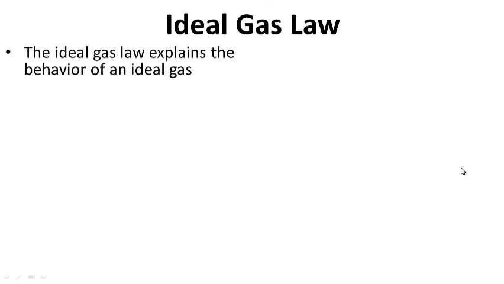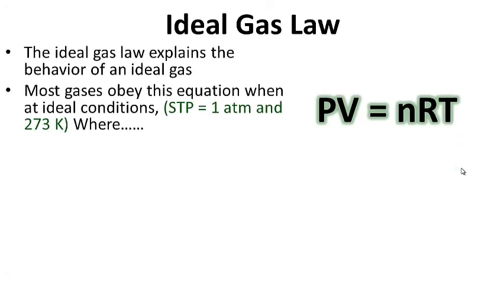Ideal gas law. The ideal gas law explains the behavior of an ideal gas. Most gases obey this equation or law at ideal conditions. Ideal conditions are at STP, 1 atmosphere pressure and 273 Kelvin. In other words, most gases behave the same way at 1 atmosphere pressure and 273 Kelvin.